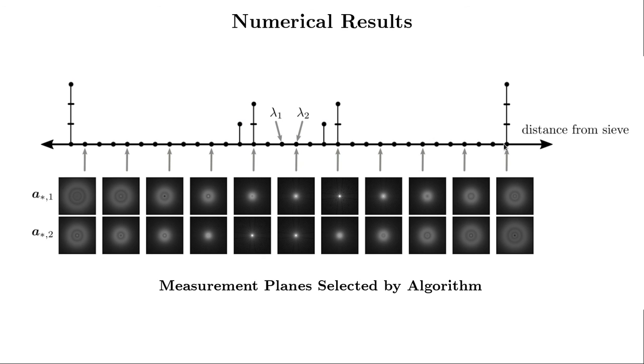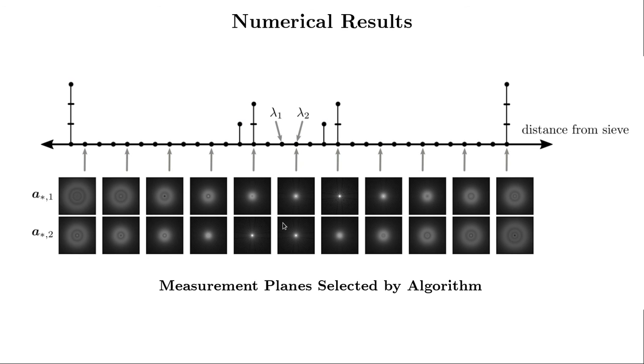Here we started off with 31 candidate locations, and we initialized with 3 measurements at each one, and then we iterated until we only had a very small number of measurements total. And you can see here these are the candidate planes which correspond to the focal planes for the 2 sources.